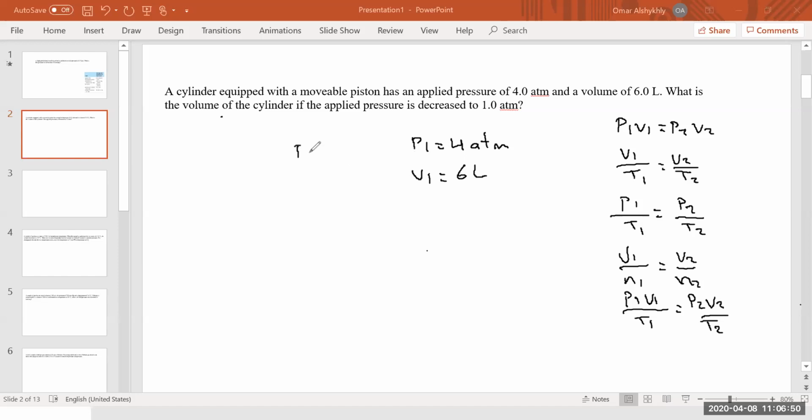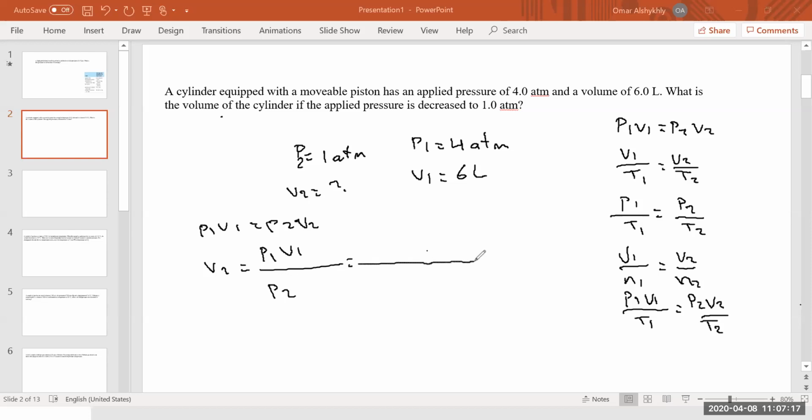Now we need the volume. So the P2 here will be 1 atmosphere. The V2 will be unknown. So we will use P1 V1 equals P2 V2, and the V2 here will equal P1 V1 divided by P2.